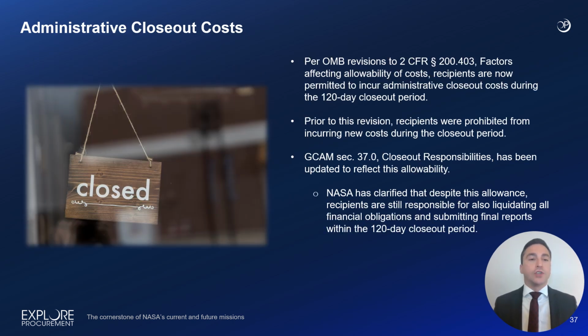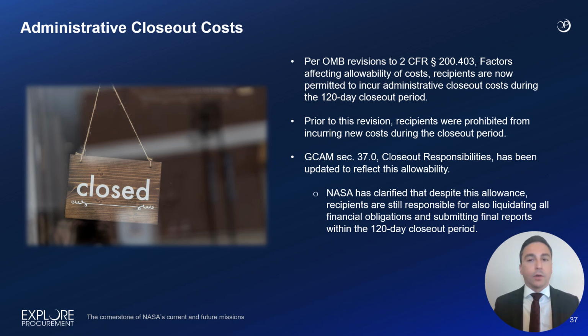The 2024 GCAM has been updated to reflect new flexibilities regarding closeout costs. In 2024, OMB revised 2 CFR section 200.403, factors affecting allowability of costs, to allow recipients to incur administrative closeout costs during the 120-day closeout period.